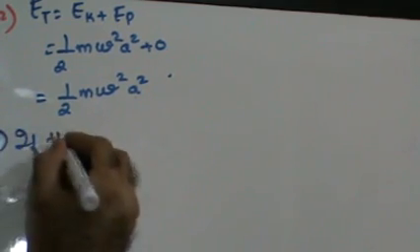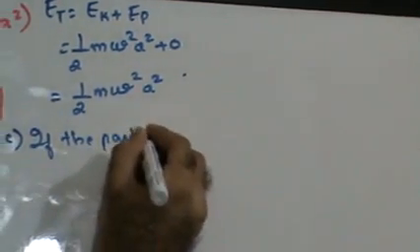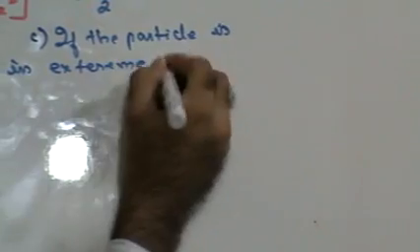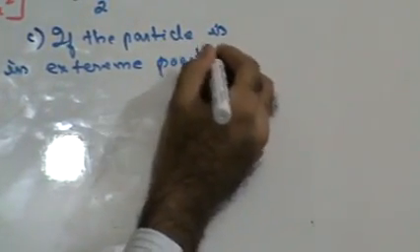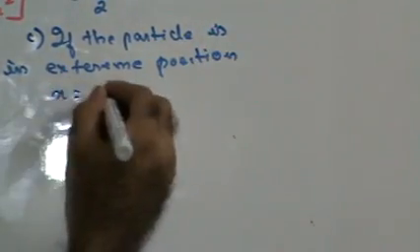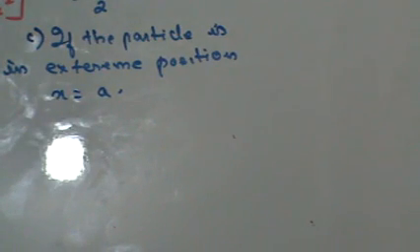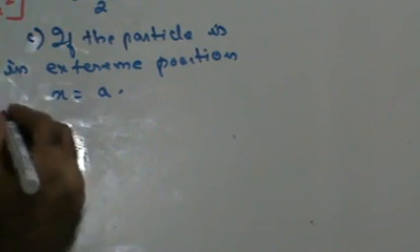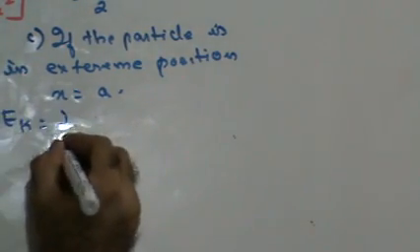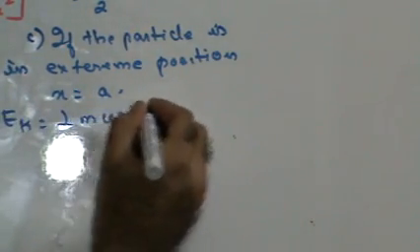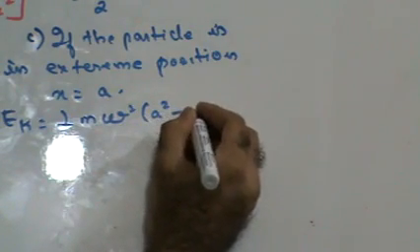If the particle is in extreme position, then x will be equal to a, the total displacement will be a. In that case, the kinetic energy of the particle will be half m omega square a square minus x square.